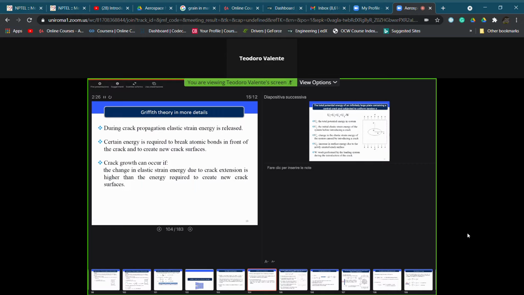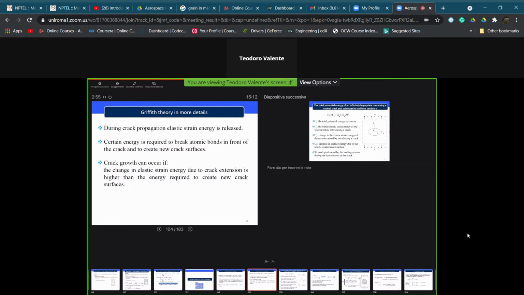Where the material is broken because the crack is propagating, we have a release of energy, which is a strain energy release. And we have this release of energy because we are breaking the material, which is under an applied load.